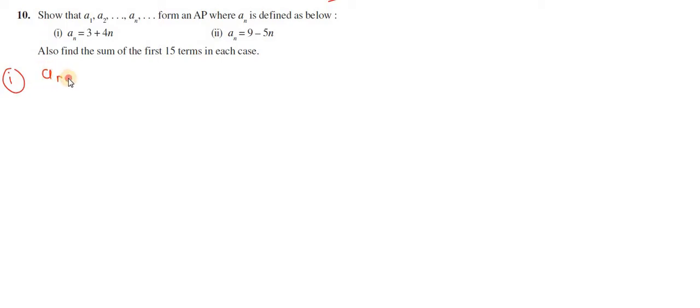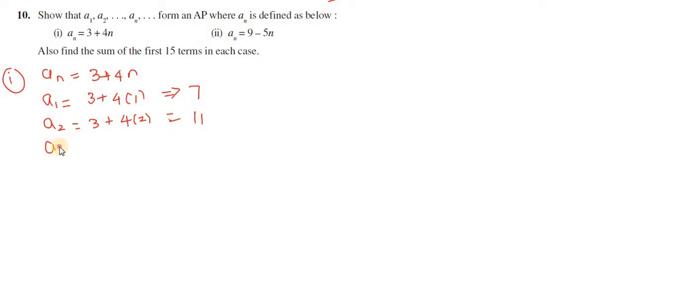So here an is equals to 3 plus 4n. Then a1 is equals to 3 plus 4 into 1, so this is 3 plus 4, 7. Then a2 is equal to 3 plus 4 into 2, which is 4 2s are 8, 8 plus 3, it's nothing but 11.